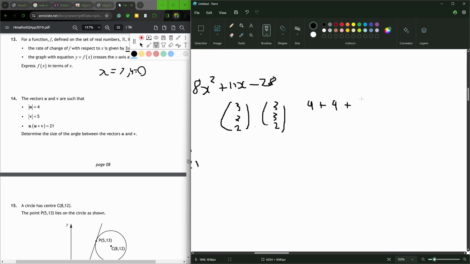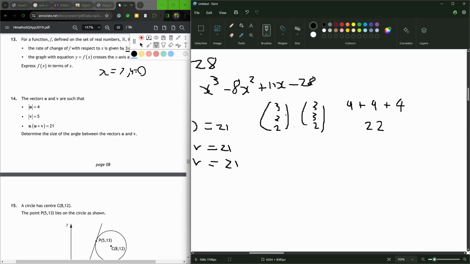So that'll be 18, that'll be 22. If we work out the magnitude, you notice you're doing basically the same thing, and then you square root it. Anyway, silly explanation aside, this is what's happening.